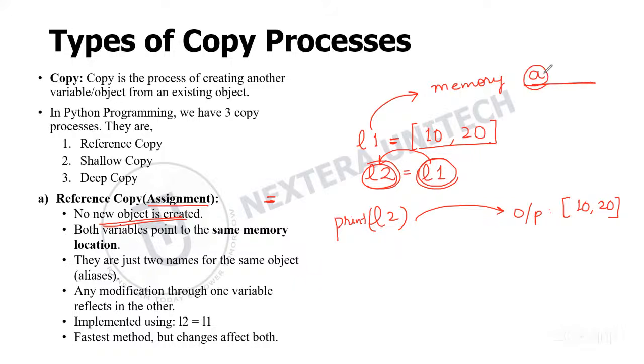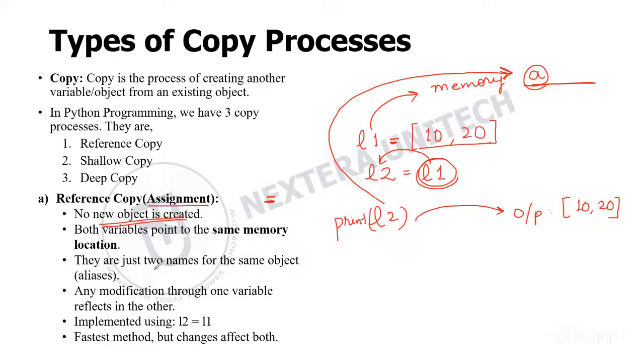Let's say it is saved into memory A. When you use reference copy, the elements in L1 are copied into L2, and L2 will be 10, 20. But your L2 object also points to the same memory location, memory A. So both L1 and L2 point to the same memory location, memory A.